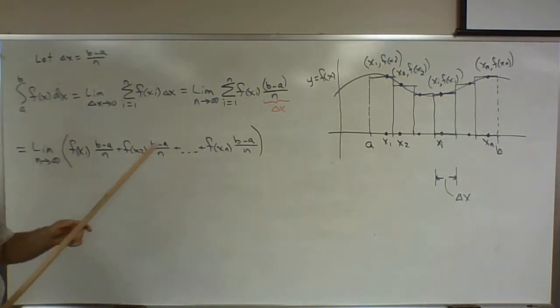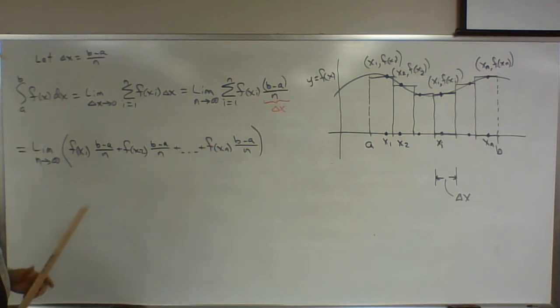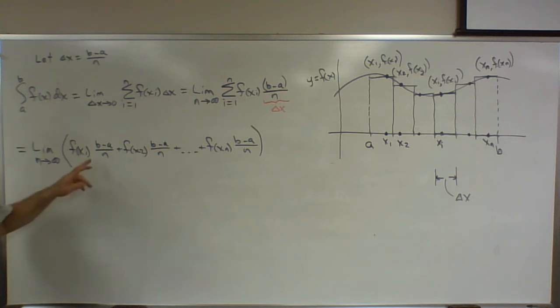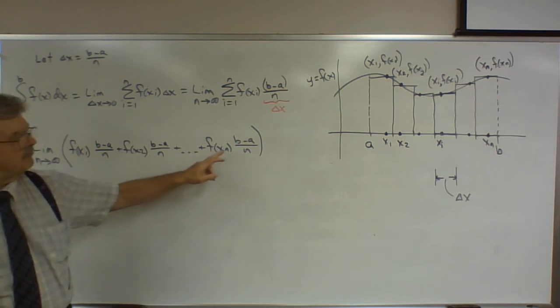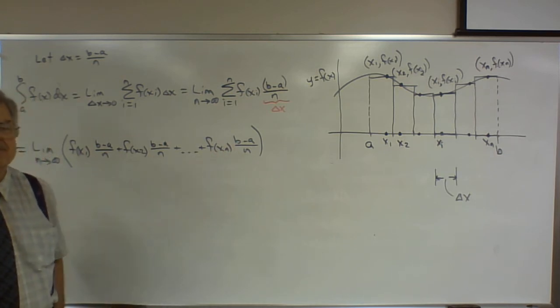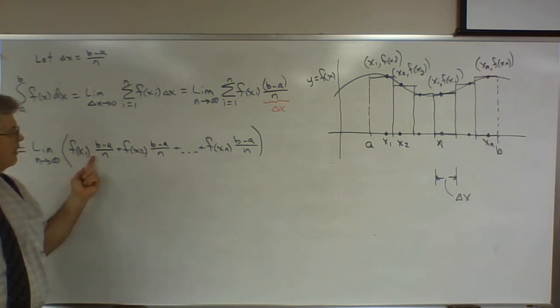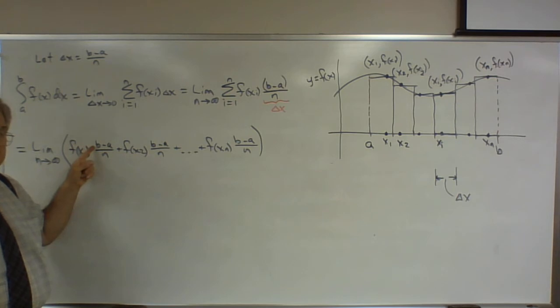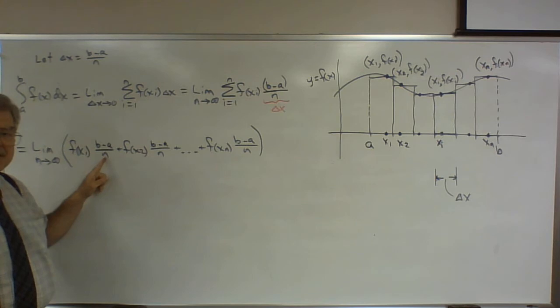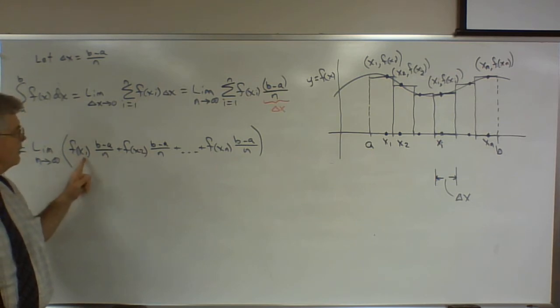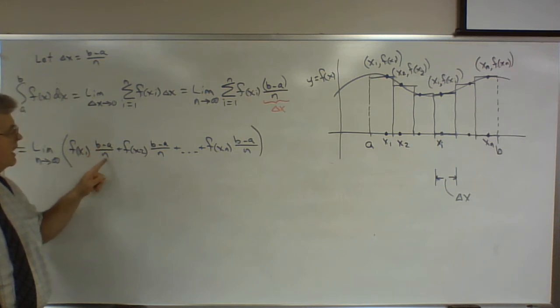Notice what happens if I expand this Riemann sum. Every term here has a factor of b minus a over n, which means for each of these terms, we're going to have to compute b minus a, that's one operation. Then we're going to have to divide by n, that's another operation. Then we're going to have to multiply this thing by b minus a over n.